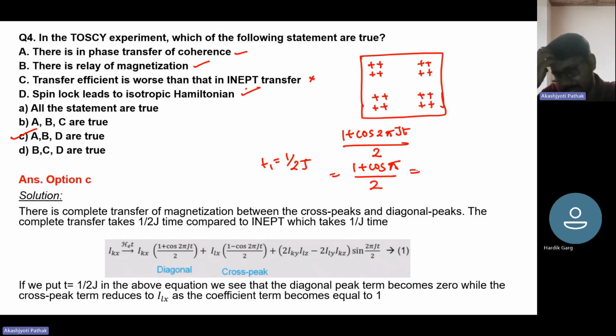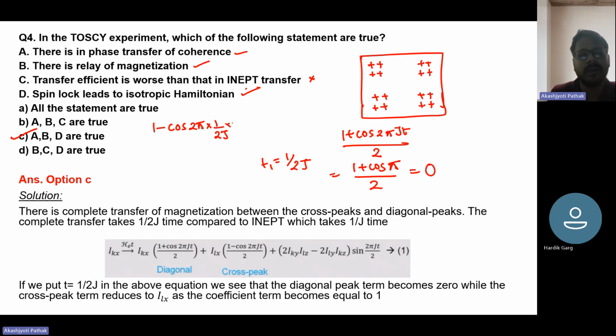So what is cos pi? Cos 180 degrees is minus 1, right? So this entire diagonal peak term gets cancelled and it becomes 0. And in the cross peak term, if you put the value t equal to 1 by 2J, then what will you get for this expression? 1 minus cos 2 pi J, and in place of t you put 1 by 2J.